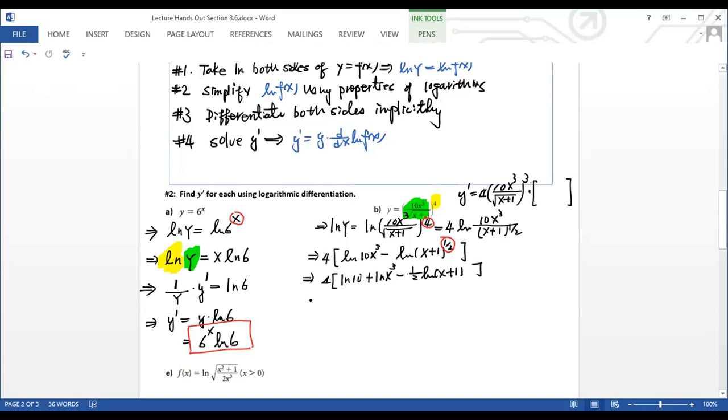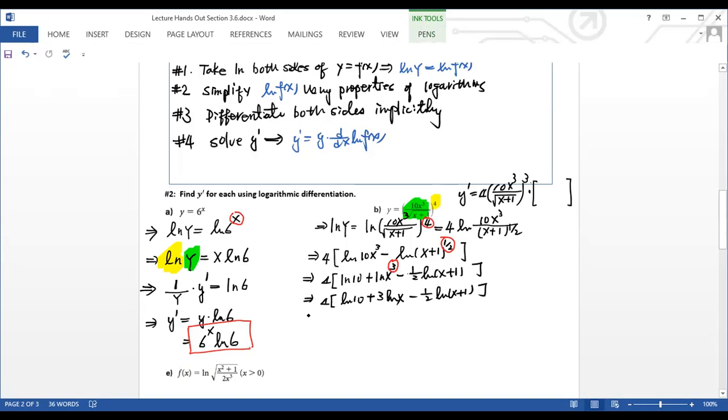Now you see I have one more thing to simplify. This is log 10, and here I have another exponent. So I can say plus 3 natural log x, minus 1/2 natural log of x plus 1. Right, so I simplified it a lot.